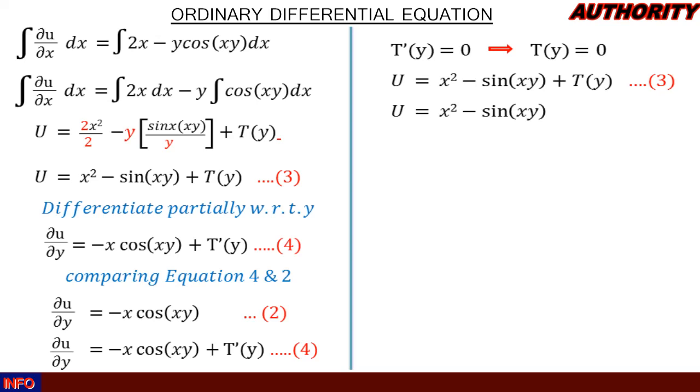Okay, you remember I told you we are looking for u of x comma y such that the partial derivative of this u with respect to x is going to give us m, and the partial derivative of this u with respect to y is going to give us n, and then we have x squared minus sine xy. I want you to differentiate this u partially with respect to x.